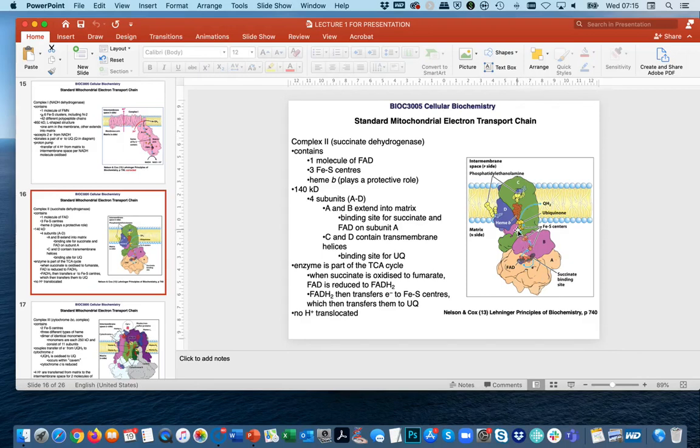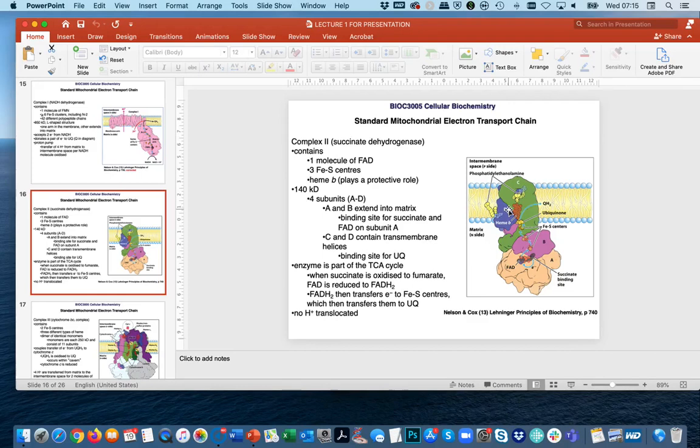And then the C and D parts of the complex are what are embedded in the mitochondrial inner membrane. Remember, succinate dehydrogenase, complex 2, is also part of the TCA cycle. So it might sound familiar from another angle, and that is because it's part of the TCA cycle.